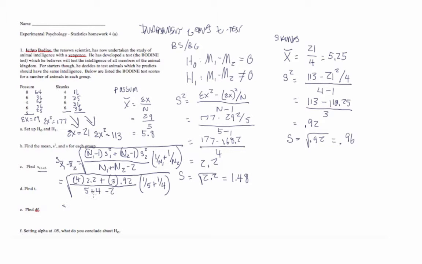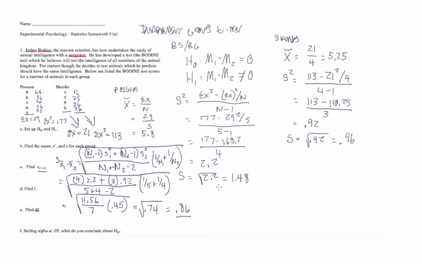I'll skip on down here. We get 11.56 over 7 times 0.45 under a root sign, which gives us 0.74 under a root sign, which gives us a standard error of 0.86.